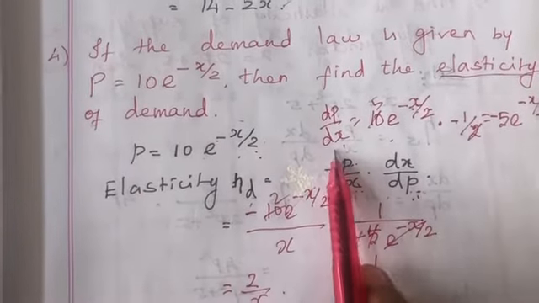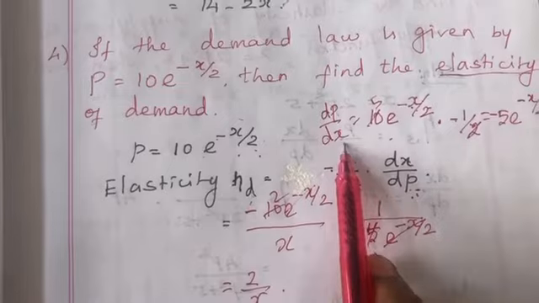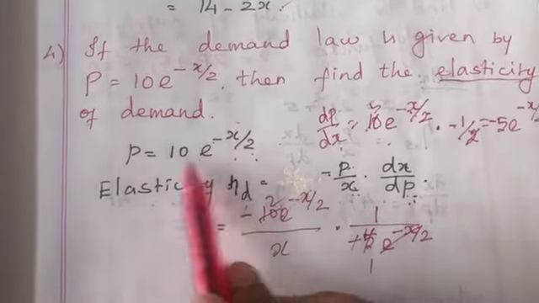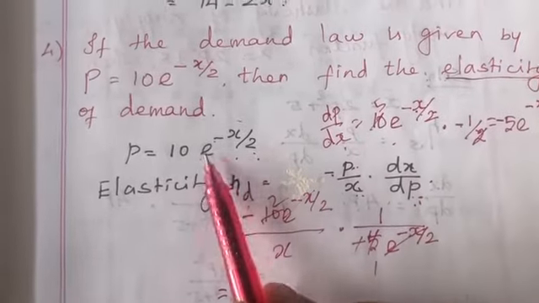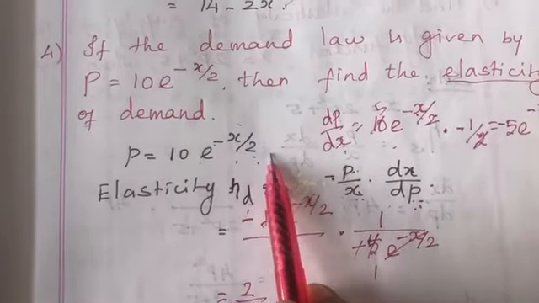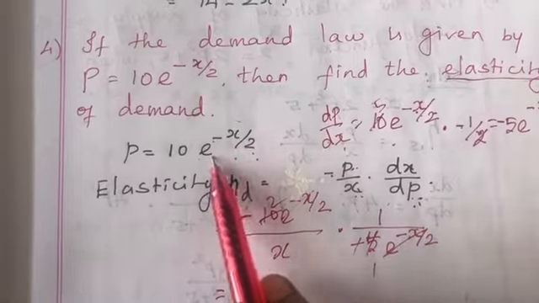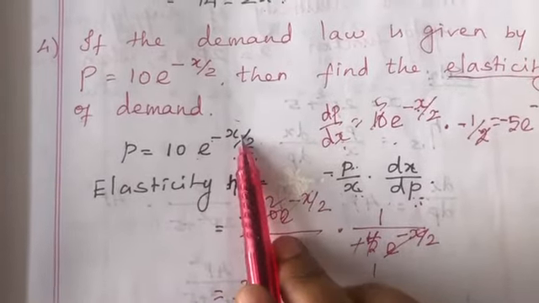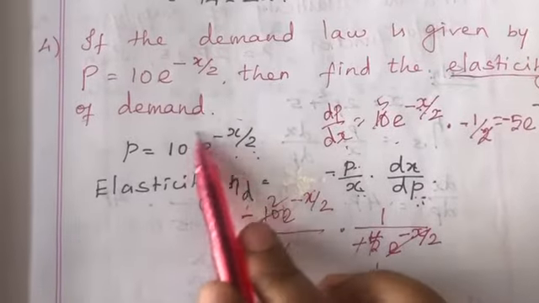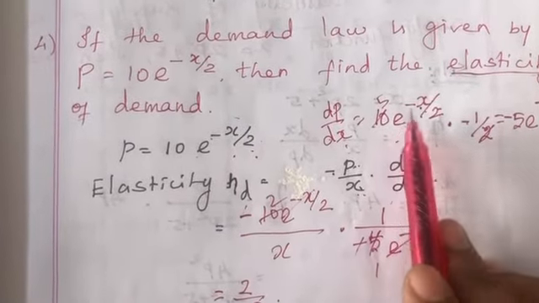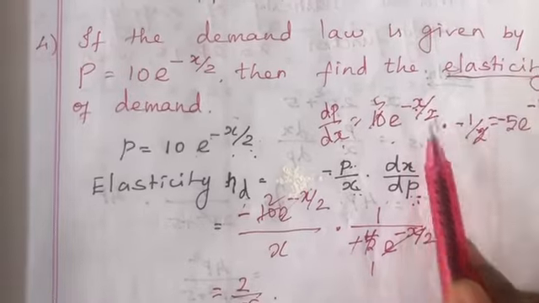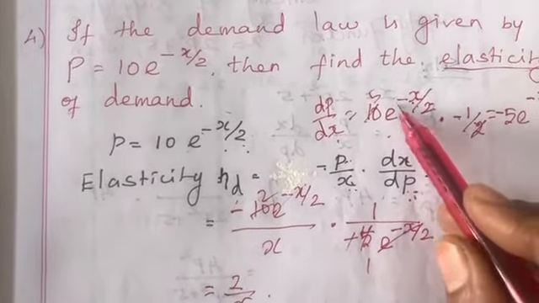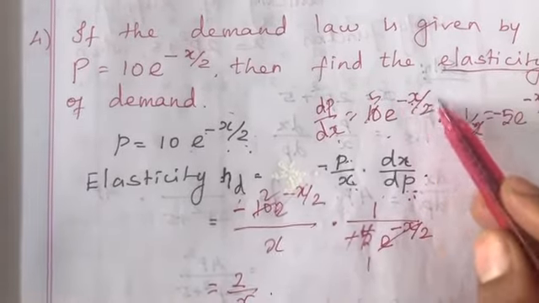So dp by dx means we have to differentiate this with respect to x. So constant remains the same, 10 e power minus x by 2. Differentiation of e power x is the same, e power x. So e power minus x by 2's differentiation is also e power minus x by 2. Okay. But here the exponent is a function of x.